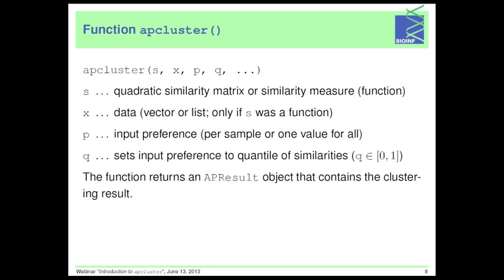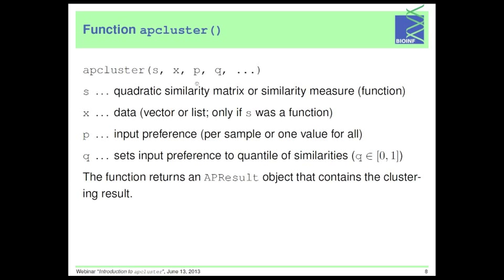So what this function needs, in the first place, is either a quadratic matrix of pairwise similarities, or, if you don't want to pre-compute the similarity matrix, you can provide as the first argument a similarity measure, a function that computes the similarity for pairs of samples. And then, of course, you have to provide data as the second argument. It can be a vector, a list, or a matrix. It just needs to be some subsettable structure.